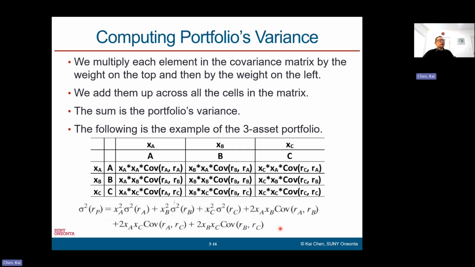But anyway, in the real world, no matter how many assets there are in our portfolio, we can follow this procedure to calculate the variance of the portfolio.